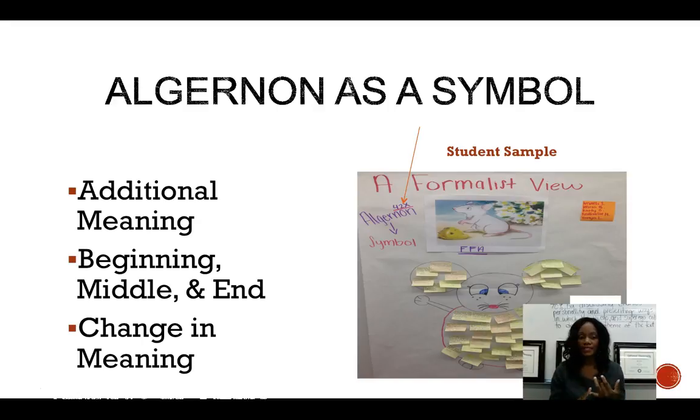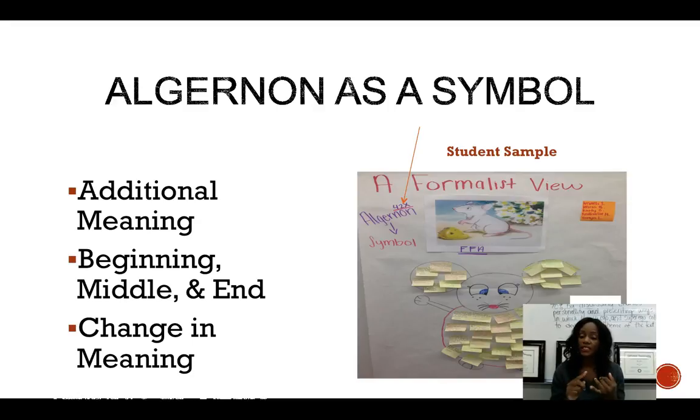So getting back to symbol, a symbol obviously is where you have this mouse, in this case Algernon, this white mouse, who perhaps has additional meaning outside of itself. And so we have to figure out what that means, and that's going to be your job. But we know it's a symbol because it shows up in the beginning of the text, it shows up in the middle of the text, and it's at the end.